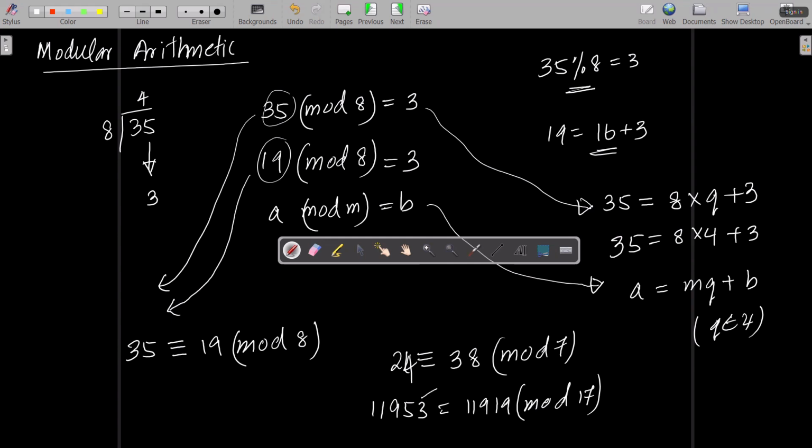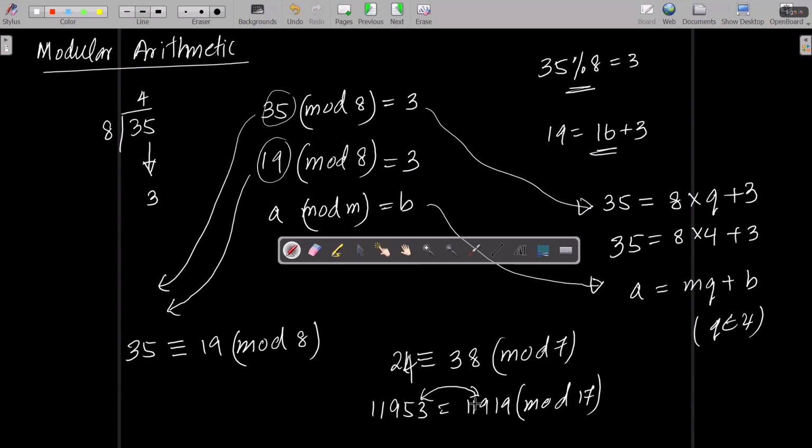What you are going to do is subtract these two numbers, find the difference between them, and check whether the difference is divisible by 17. You subtract 11,953 from 11,990, you will get 34. 34 is divisible by 17.